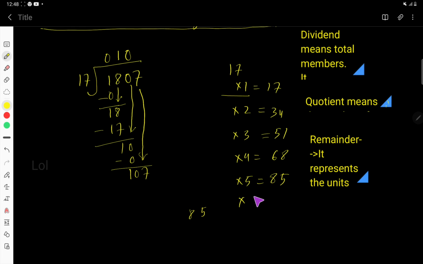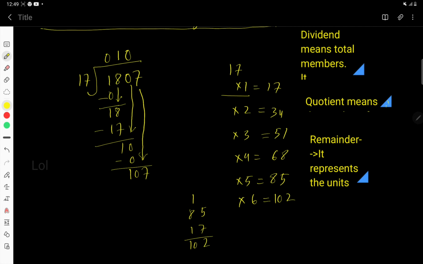Then 17 times 6, what will be the result? Just add 17 with this result. So 7 plus 3, 10 plus 2, 12, carry 1, 9, 10. This is 102.